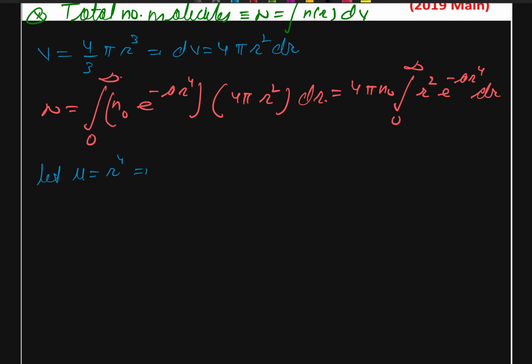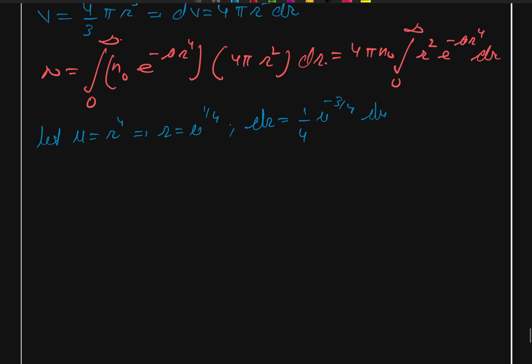From here we can say r is equal to u to the 1/4, and d of r is equal to 1 by 4 u to the minus 3 by 4 du, and our r square will be equal to u to the 1 by 2.